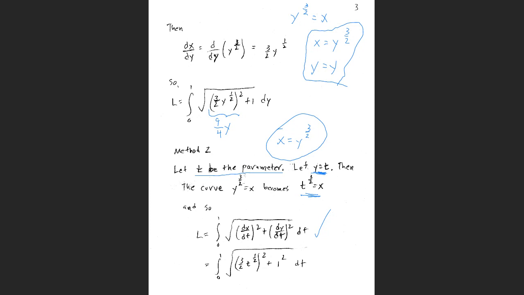And you see, you're going to get an integral from 0 to 1 of the square root of 9/4 t plus 1. The 1 squared is just 1, right?